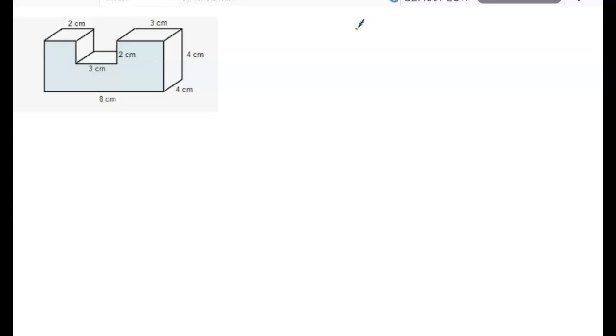We are still using the surface area. This is a prism, so surface area, which is LA plus 2B, this equation. We realize that here the base is irregular, but they have cut off some portion.